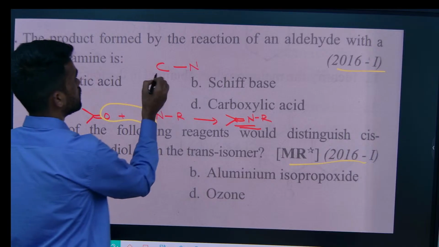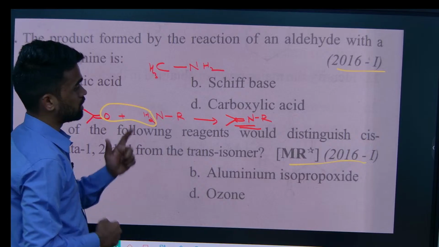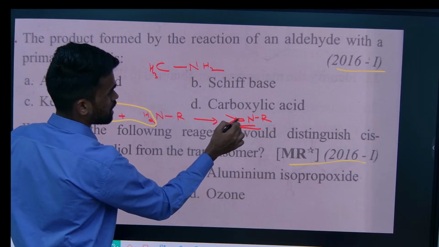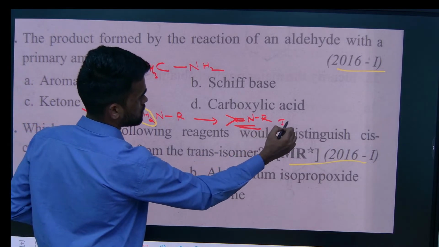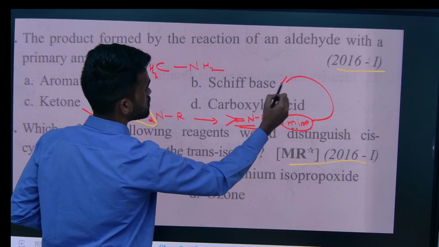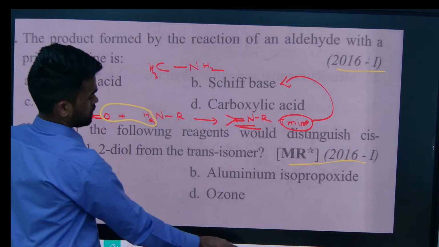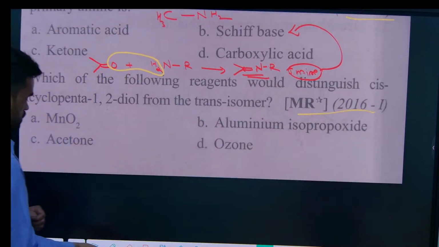Amines. Like CH3NH2 is there. What do you call it? Methylamine. But if there is a double bond between carbon and nitrogen, you should call it imines. What is that? Imine. Imines are also called as Schiff's base. Okay, very important in organic reactions. Okay, remember that name. Next, this reaction you read once.